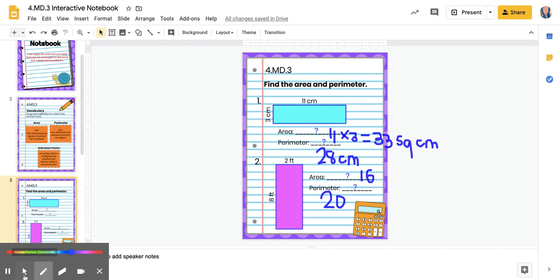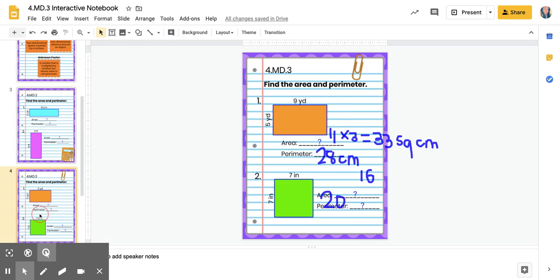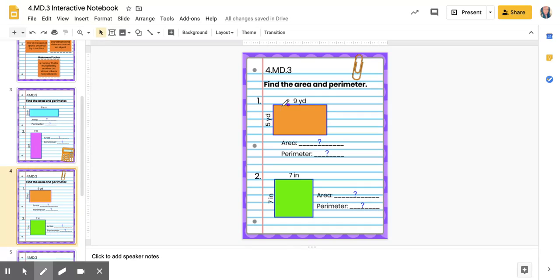Okay, on our next slide, we have the orange rectangle, and it has a length of 9 yards and a width of 5 yards. So if we multiply 9 and 5 together to get the area of this rectangle, we get 45 square yards.